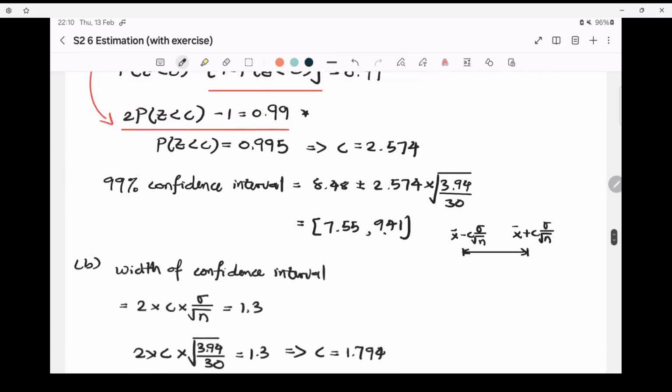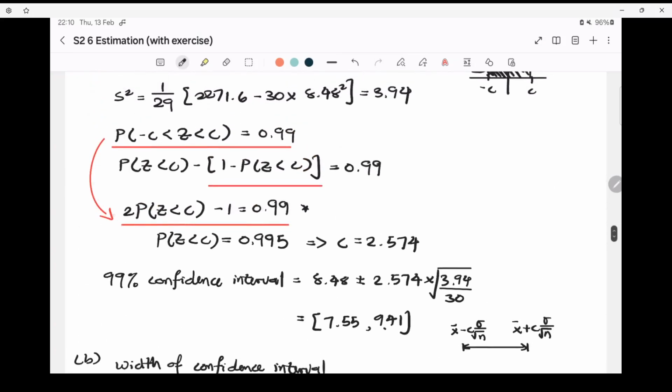And then you can simplify into 2 times P(z smaller than C) minus 1 equals to your confidence level.